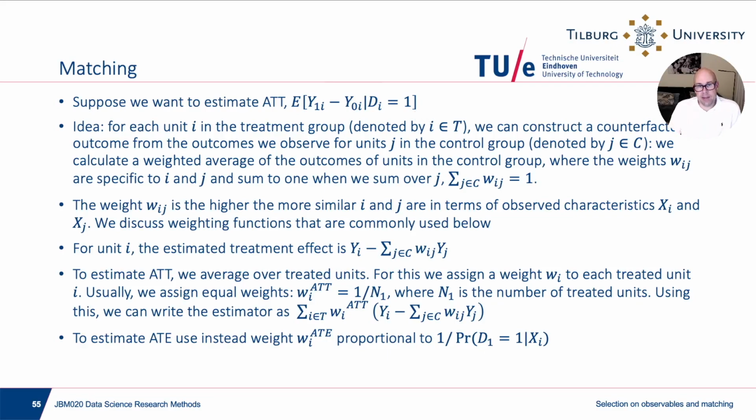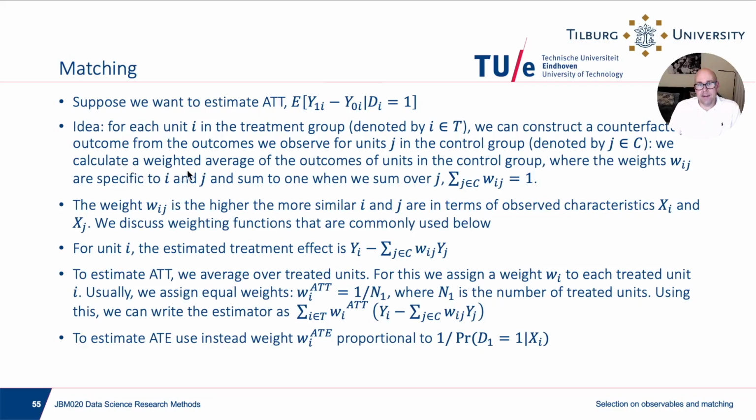That matching idea is that for each unit i in the treatment group, so let's denote this by i is in T, T meaning the set of treated individuals, we can construct a counterfactual outcome from the outcomes we observe for other units j in the control group, denoted by j is in C, in the following way.